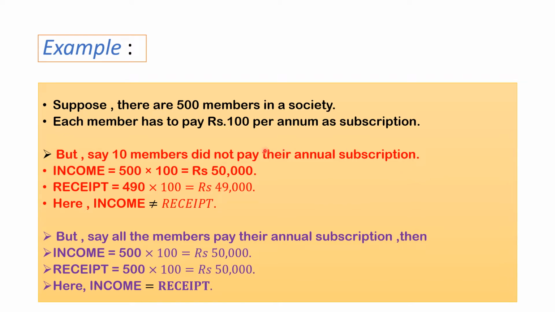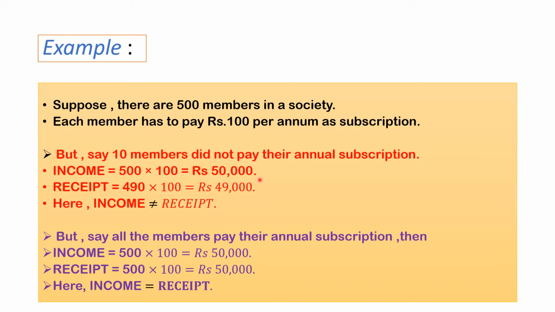So, in this case, what will be the income? Income will be 500 members multiplied by 100 rupees, that is 50,000. Listen very carefully. Despite the fact that 10 people did not pay rupees 100, still my income will be 50,000 rupees.